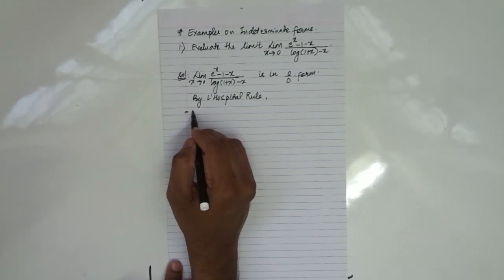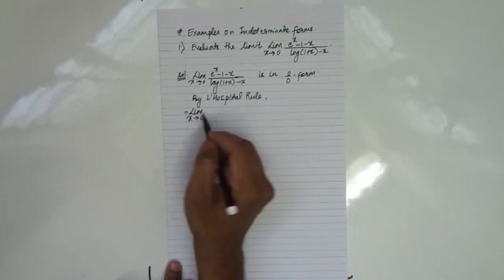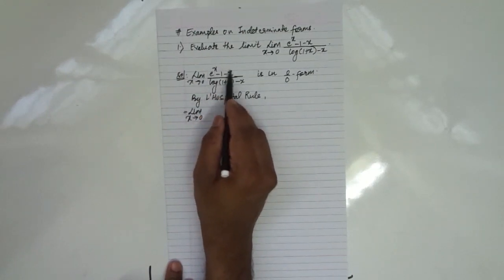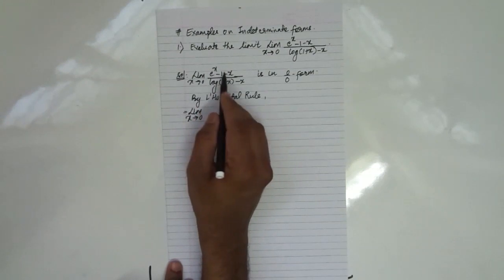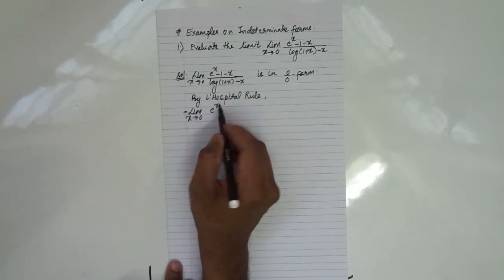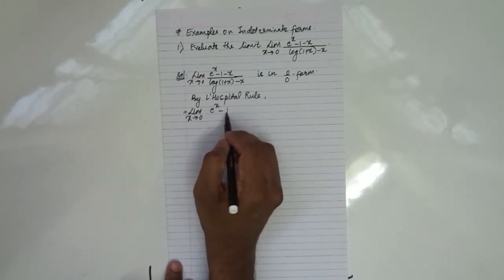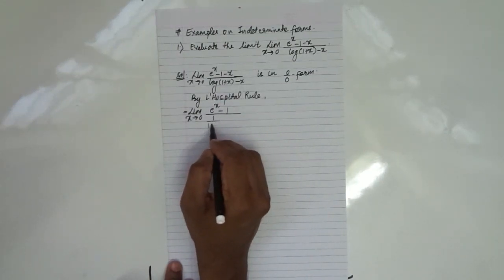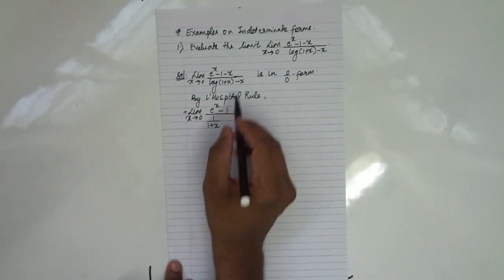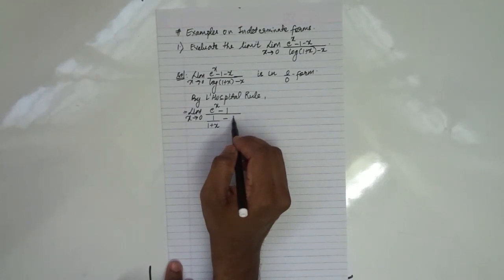this limit will be equal to the limit of the derivatives of these functions. So the derivative of the function in numerator is e raised to x, derivative of 1 is 0, minus 1, upon derivative of log is 1 upon 1 plus x into 1, minus derivative of x is 1.